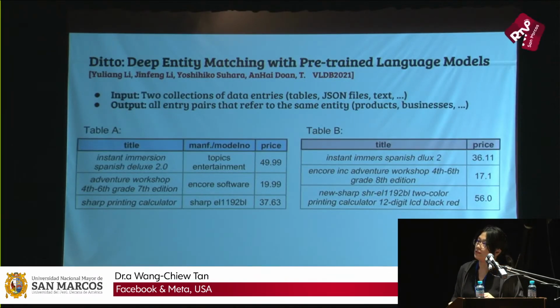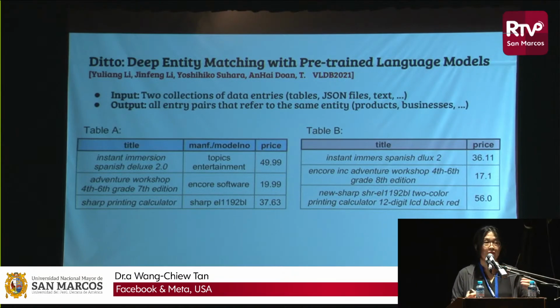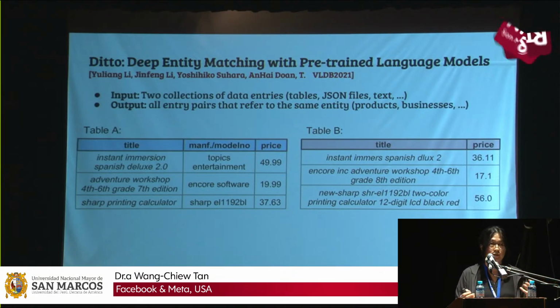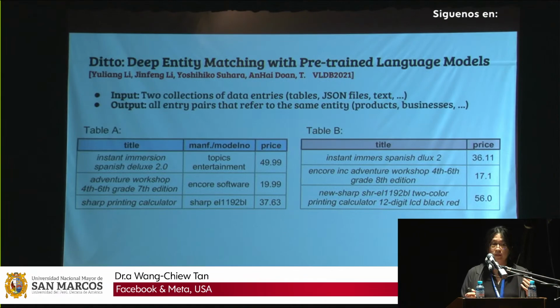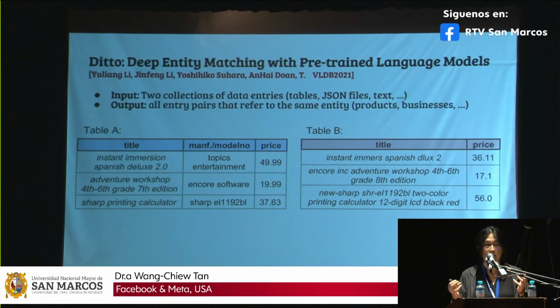Okay, so here's an example of what the entity matching problem is. The input consists of two collections of data entries. It can be relational tables, it can be JSON files, it can be text. The system I'm going to describe is agnostic to the format of the input.